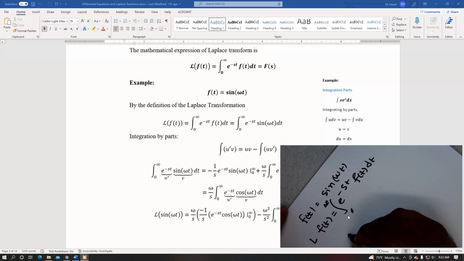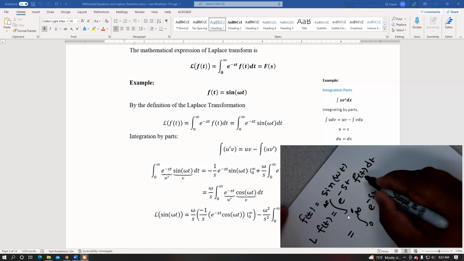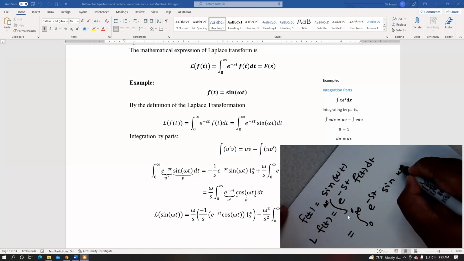So now instead of f(t) we will write sine omega t, so the integral from 0 to infinity of e to the power minus st sine omega t dt.